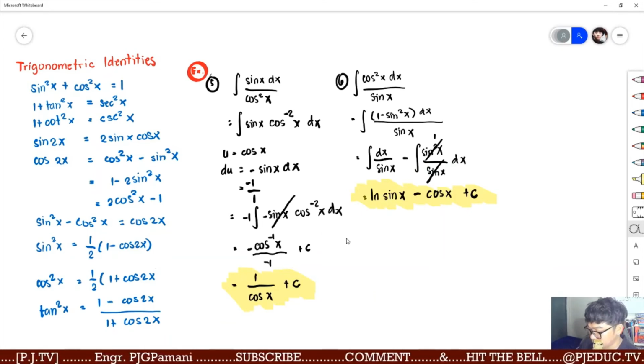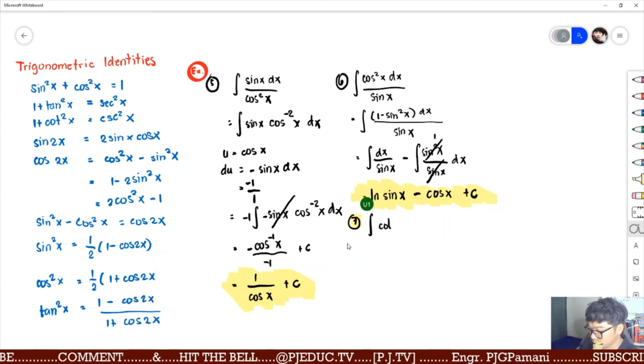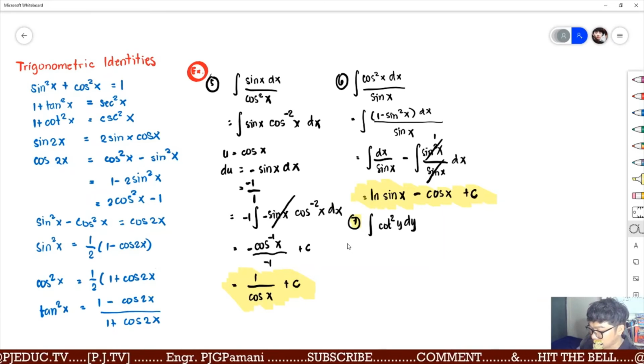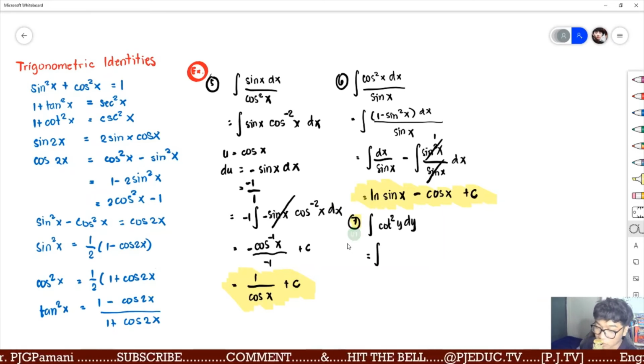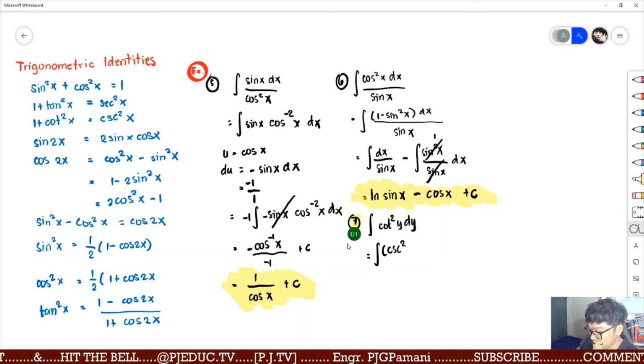Number 7. You're now asked to evaluate the indefinite integral of cotangent squared y dy. From our trigonometric identities, we know that cotangent squared y can also be expressed as cosecant squared y minus 1 dy.